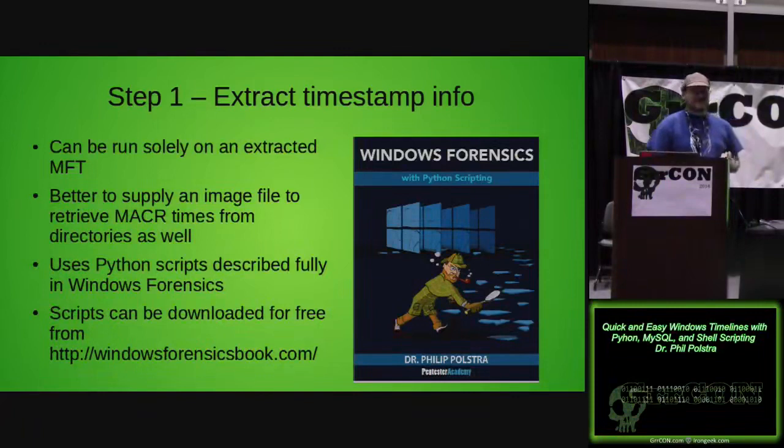Now, you don't have to buy the book, although you're certainly welcome to buy the book, but all of the scripts that are in that book, and I believe it's something like 9,000 lines of Python, or maybe it's 11, I don't know, it's a lot. You can go to windowsforensicsbook.com and you can download every bit of it for free. All right, so you don't have to buy anything if you don't want.